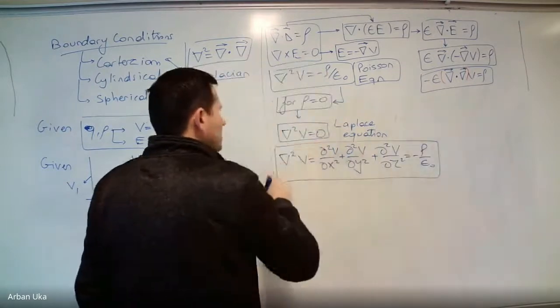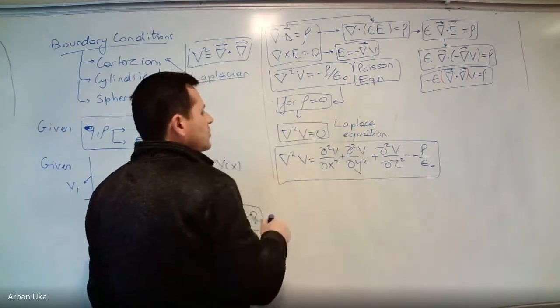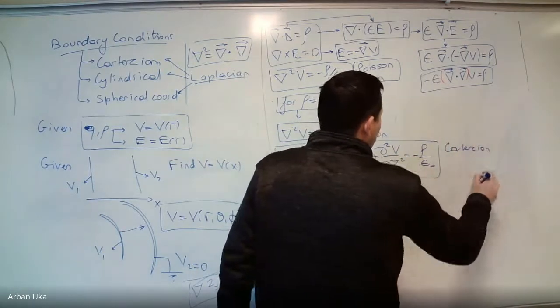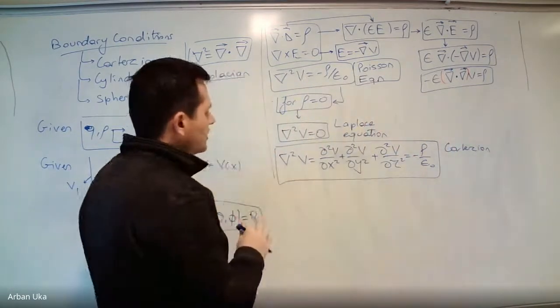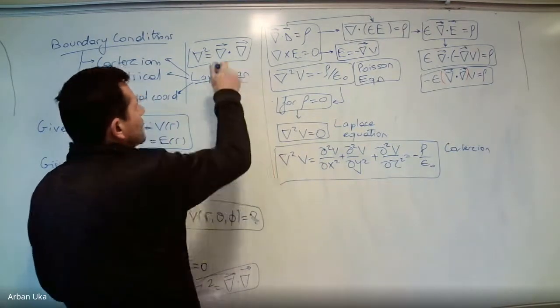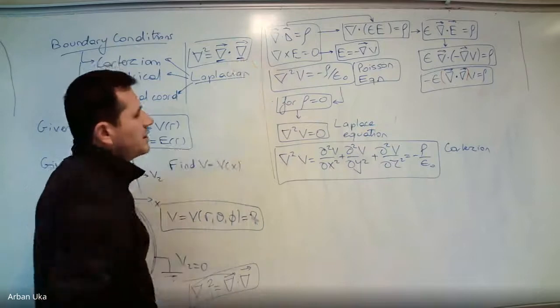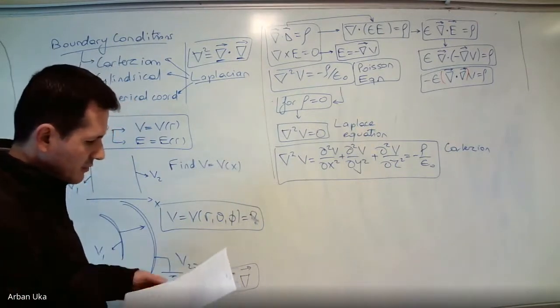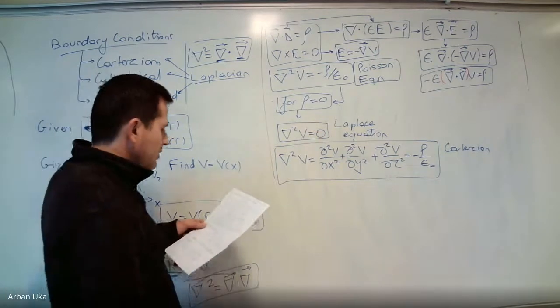So this is the Poisson equation in the Cartesian coordinate system. We just take the dot product between the del operators, which you can get from the textbook.